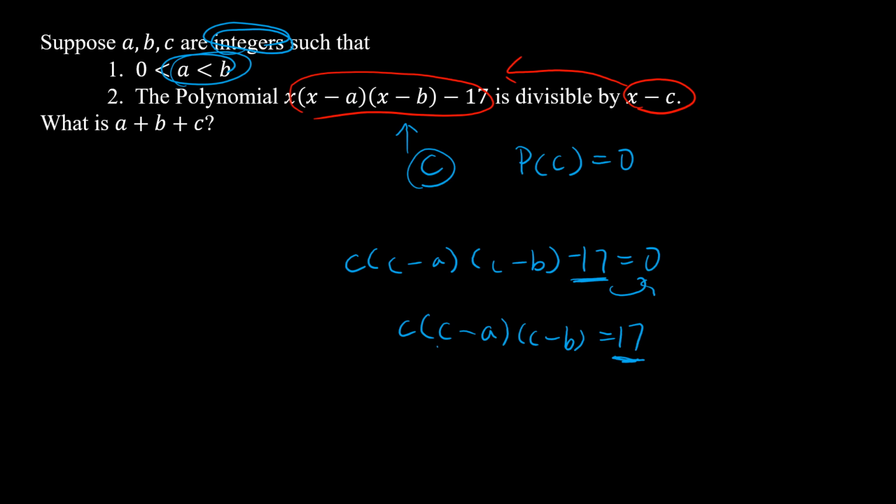So since 17 is a prime number, how can these 3 integers be? We know these 3 are integers because a, b, c are all integers, right? So they can only be a combination of 1, 1, 17. So can c be 1, 1, 17? Can c be negative 1?